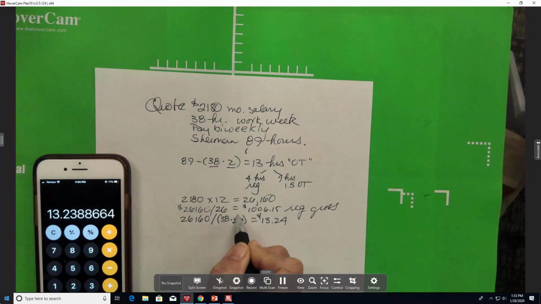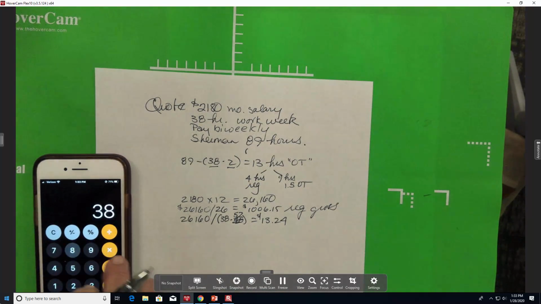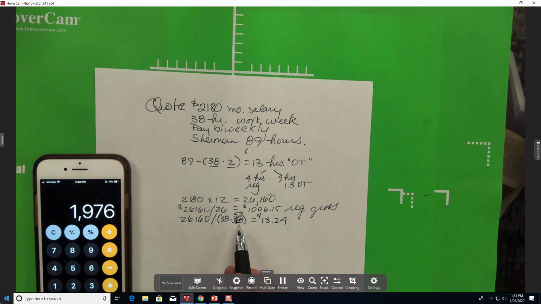No, 52. So you do 38 hours a week, 52 weeks in the year. Yeah, so before we just took 40 times 52. Now we're taking 38 times 52, right? Okay, so I was way overthinking it.